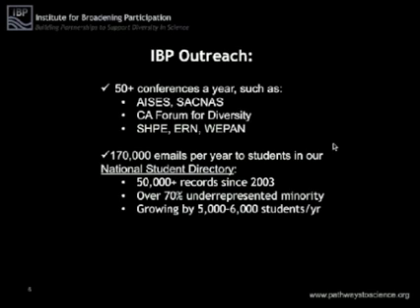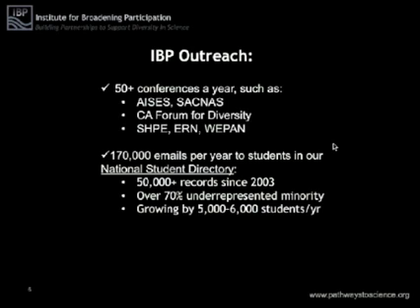We do direct face-to-face outreach at over 50 conferences a year, like ACES, SACNAS, the California Forum for Diversity, and a host of others. And we do virtual outreach via over 170,000 emails per year to students in our National Student Directory.